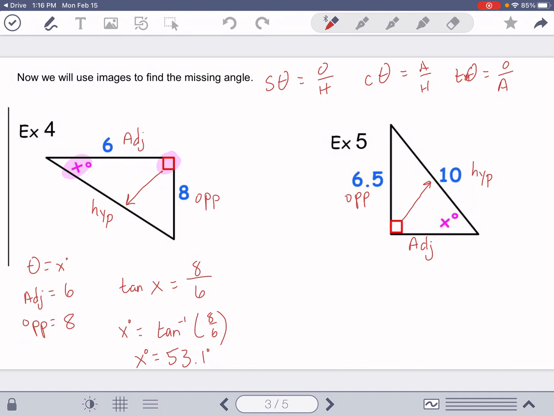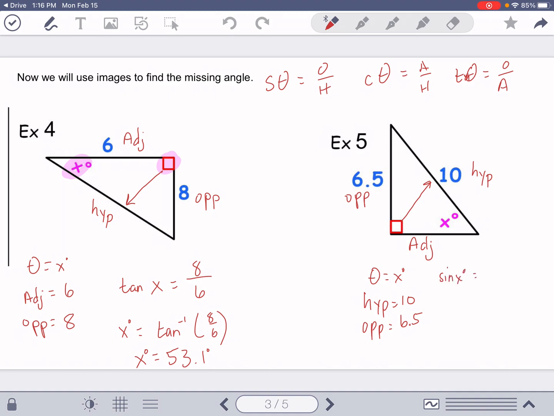I'm using the hypotenuse, so let's write everything down. The hypotenuse is 10, and the opposite is 6.5. Hypotenuse and opposite would be the sine.